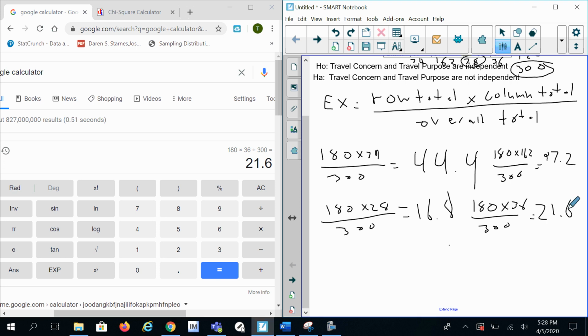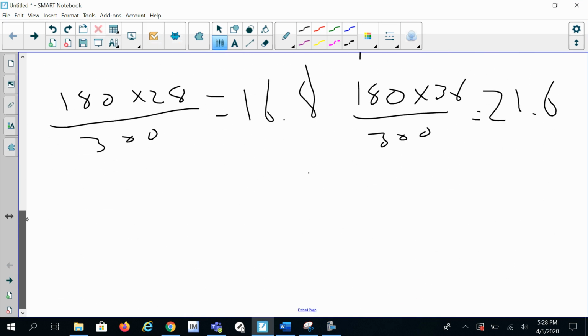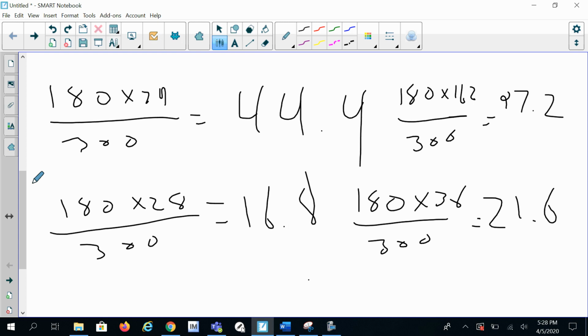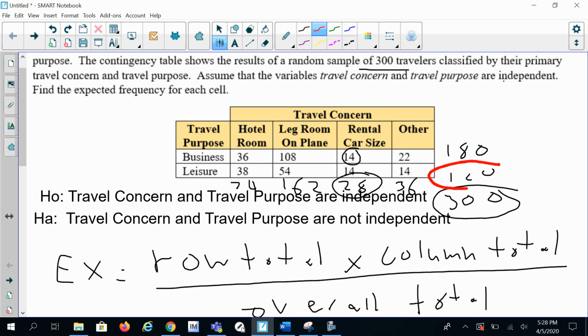I still have 4 more to go. So you would just continue doing this math to get the expected for the other row. All of these will stay the exact same, except that the row total now is going to be different. So now I need to use the 120 instead of the 180. It's still going to be 74, 162, 28, 36.